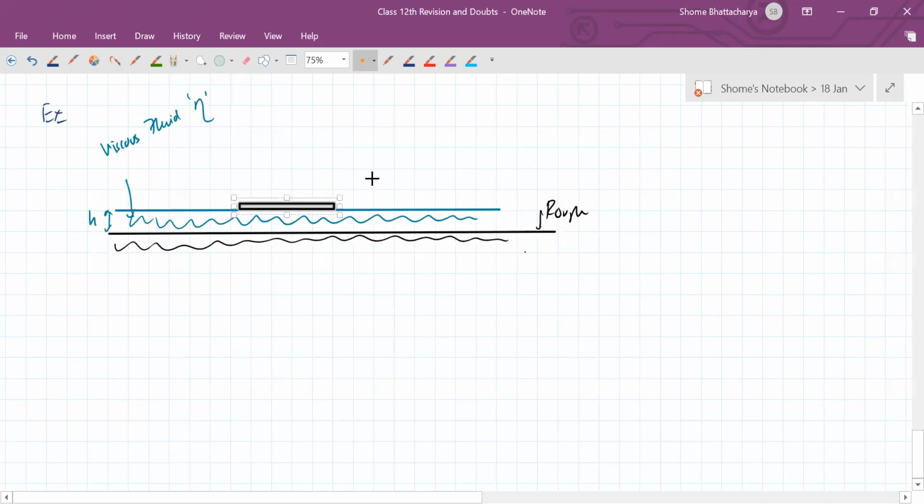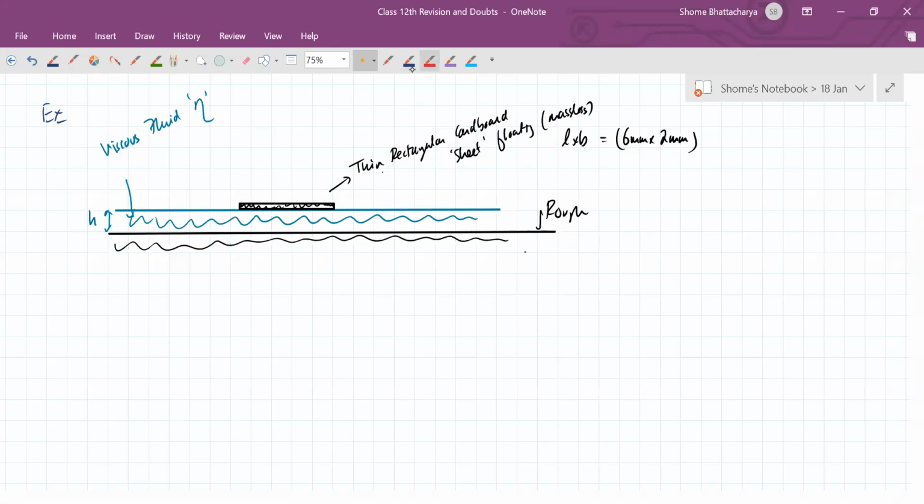So consider it almost massless, and it has, say, this kind of dimension, 6 millimeter into 2 millimeter.